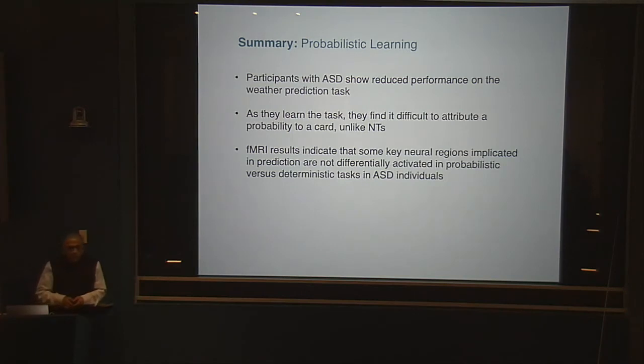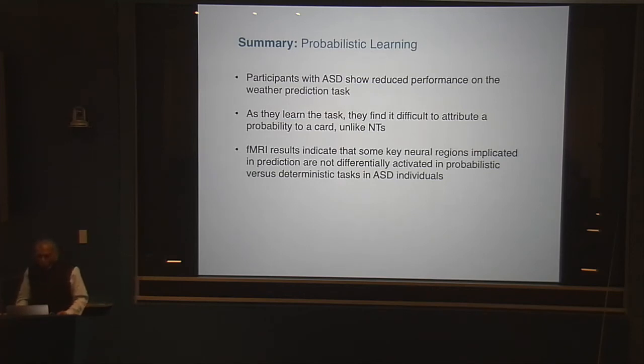So just to summarize, participants with AST show reduced performance on the weather prediction task. As they learn the task, so these are data that I didn't show you, AST participants find it difficult to report how predictive is a given card for sunniness or raininess, whereas neurotypical subjects can quite readily describe which of these 4 cards is most predictive of sun or rain.